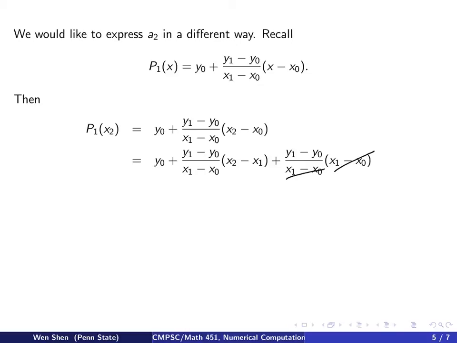After the cancellation, we have y1 minus y0 here, and some more cancellation: negative y0 would cancel y0. So this term cancels that term, and all that remains is just y1. Which is exactly the expression we have now.